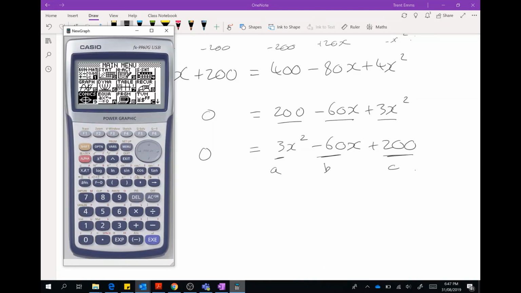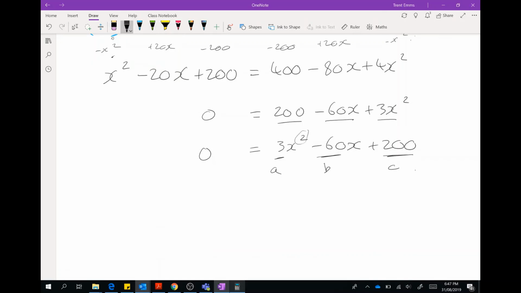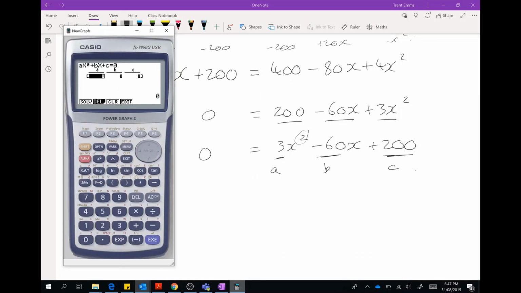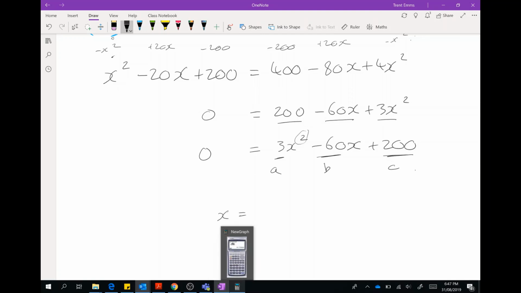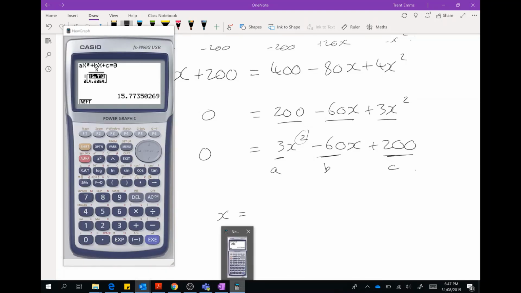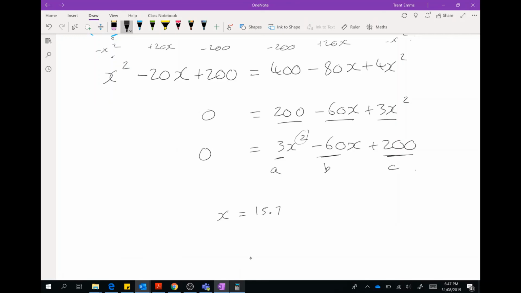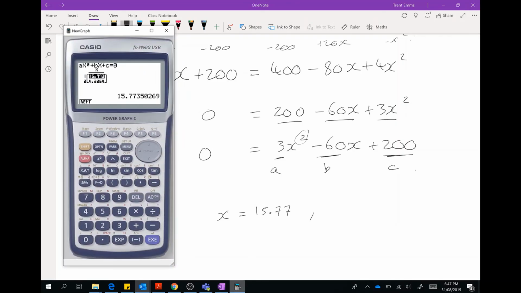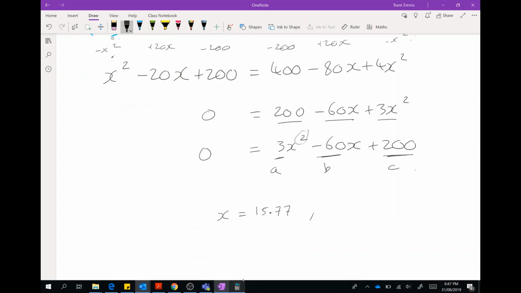So if we go into equations, this one here, polynomial, degree is 2 because that's our highest power, and chuck in A, B and C, we get 3, negative 60, and 200 for C, and we get x values of 15.77 and 4.23 if we round it to 2 decimal places.